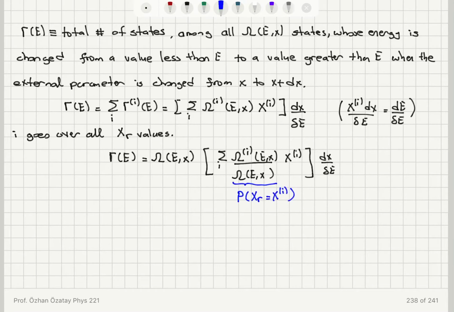That's by definition and from the equal a priori probabilities postulate.